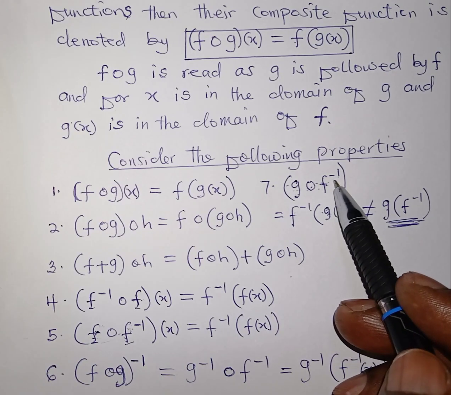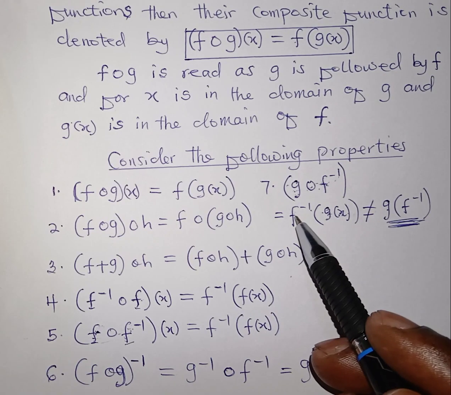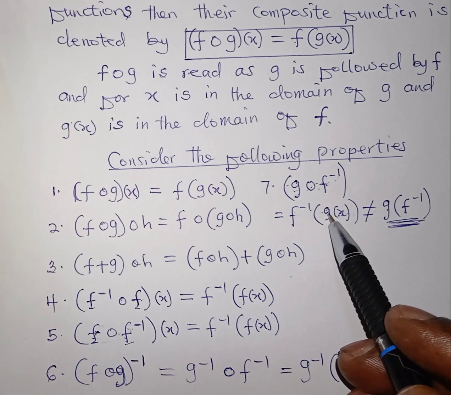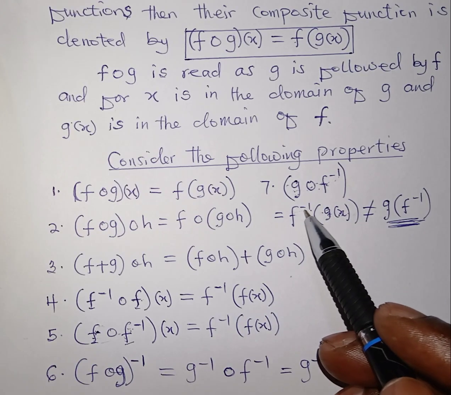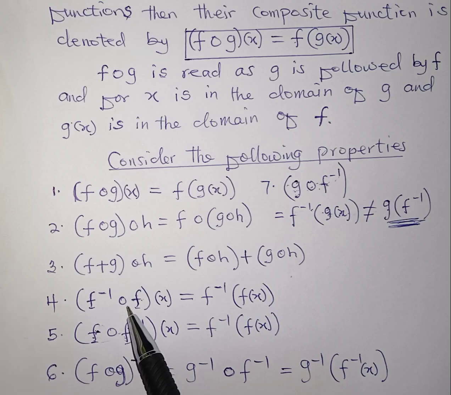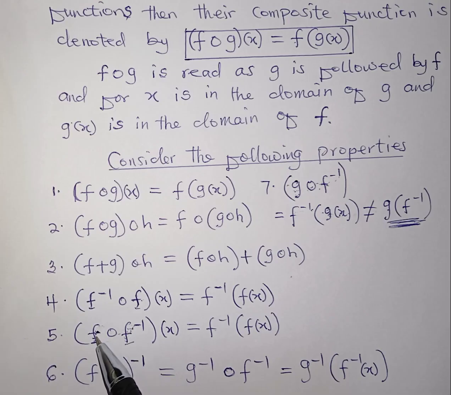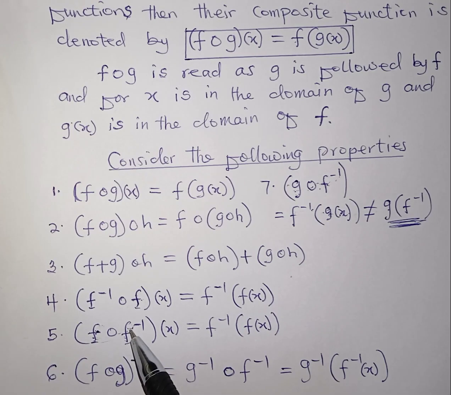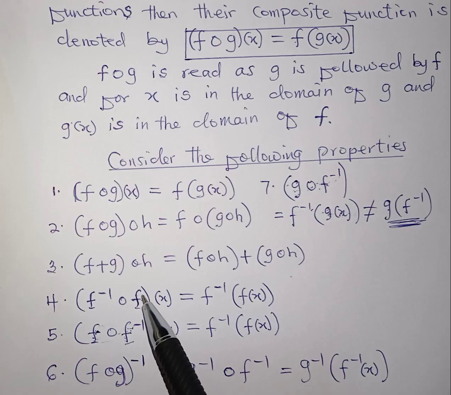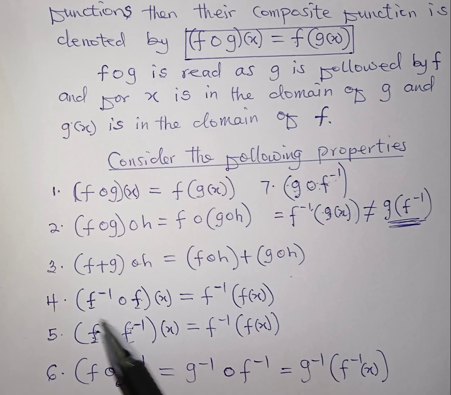The inverse of F is followed by J. It's not the same as J followed by the inverse of F. But if you come here, the inverse of F followed by F is the same as when F is followed by its inverse.